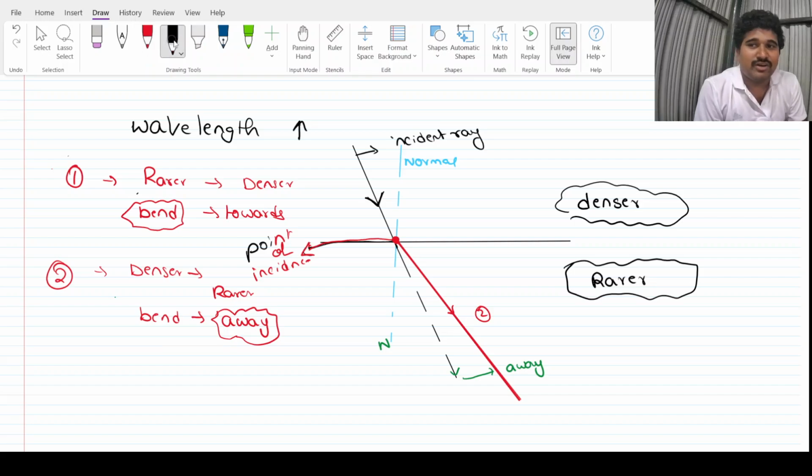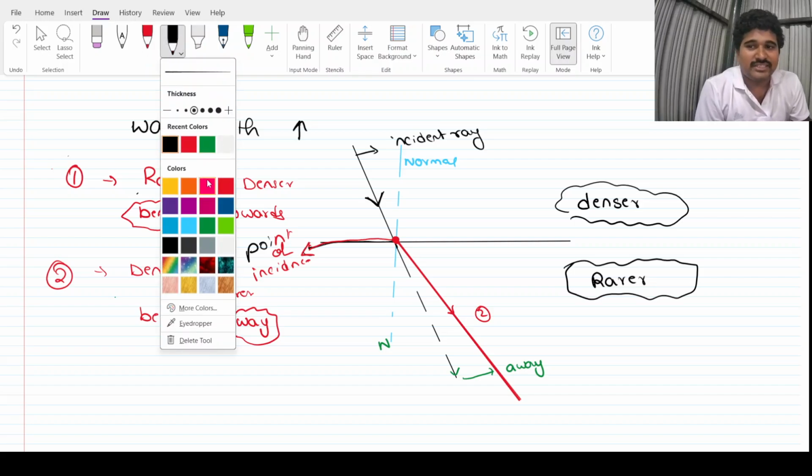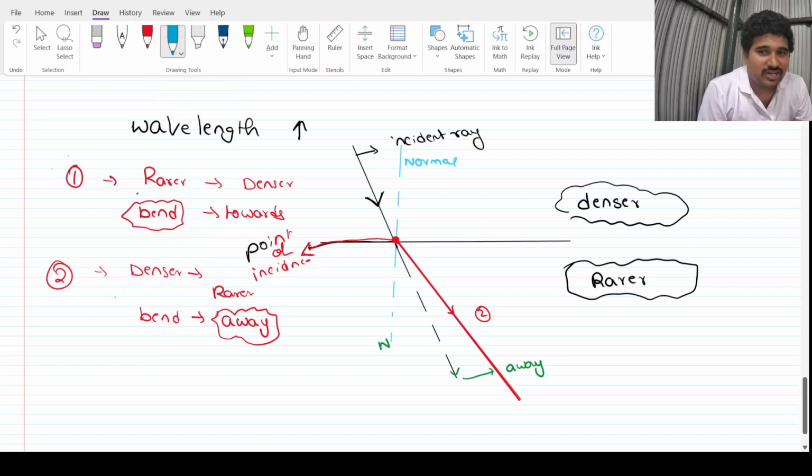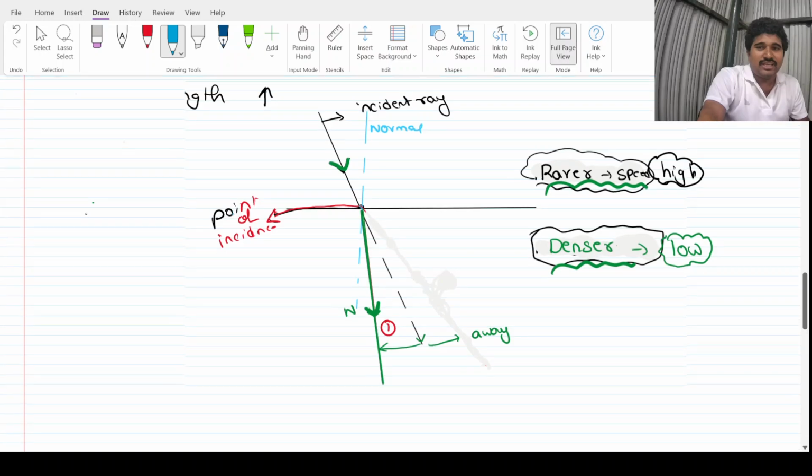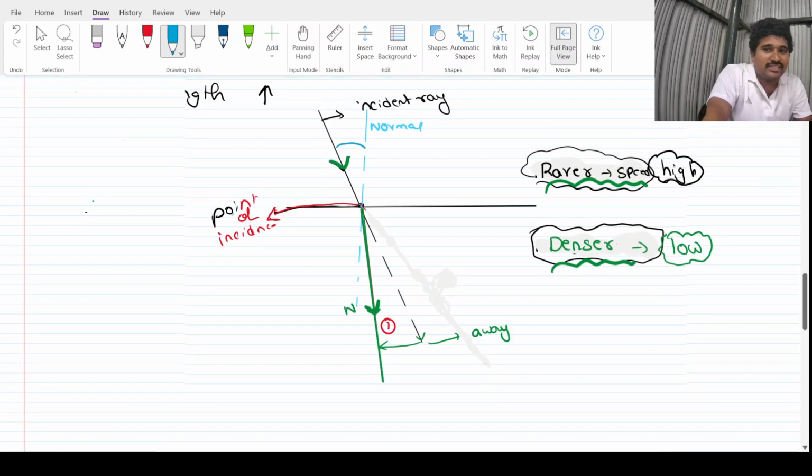And remember, now I am indicating some angles. This angle is called angle of incidence. This angle is called angle of refraction. Similarly, here also, this angle is angle of incidence, and this angle is angle of refraction.